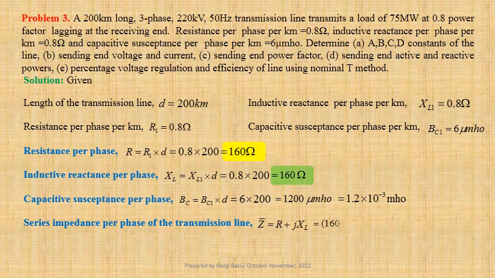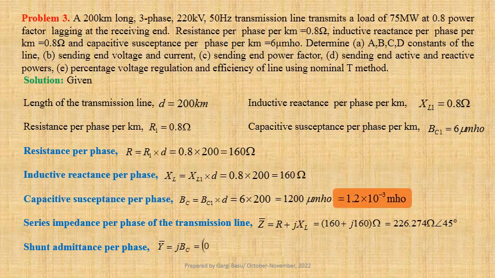Series impedance per phase of the transmission line Z equals R plus J times XL, that is equal to 160 plus J times 160 ohm. This may be written in polar form as 226.274 ohm at an angle 45 degree, and shunt admittance per phase Y equals J times BC, that is equal to 0 plus J times 1.2 into 10 to the power minus 3 mho.